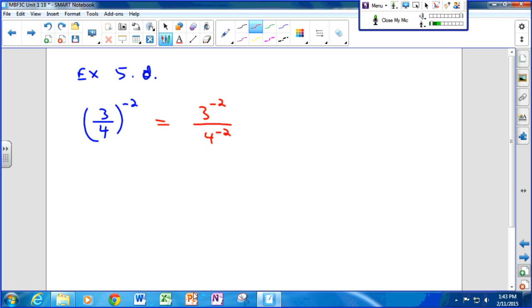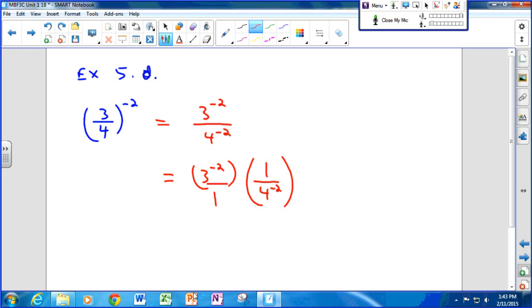Okay, that's what that means. And in fact, we can write this as 3 to the negative 2 times 1 over 4 to the negative 2. And actually that could be 3 over 1.